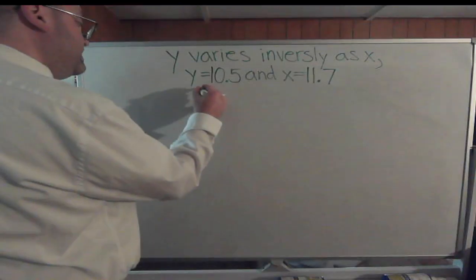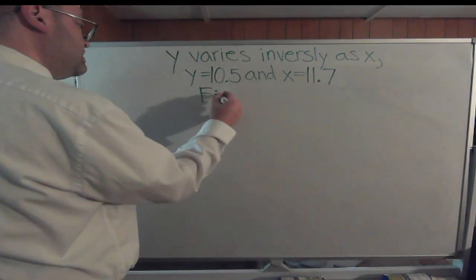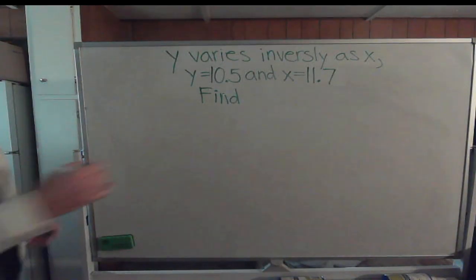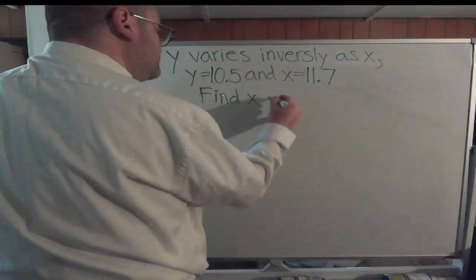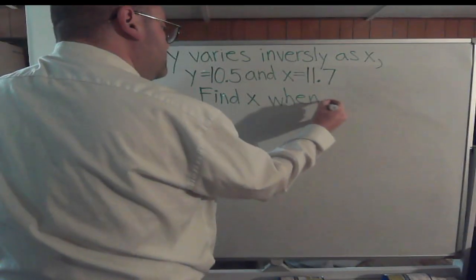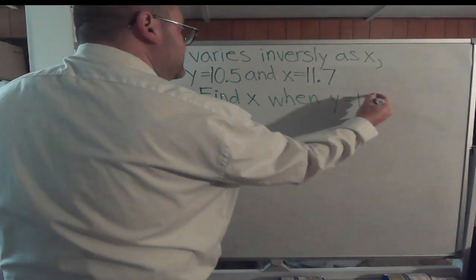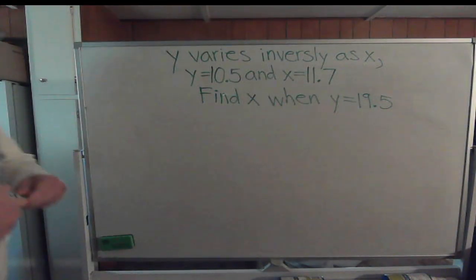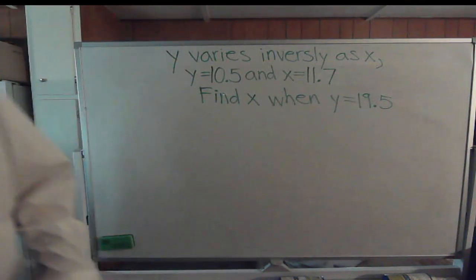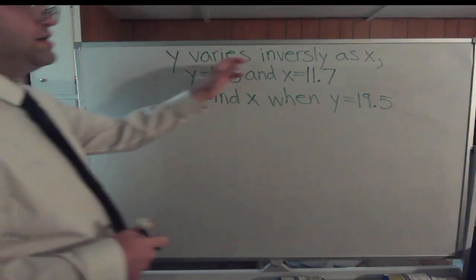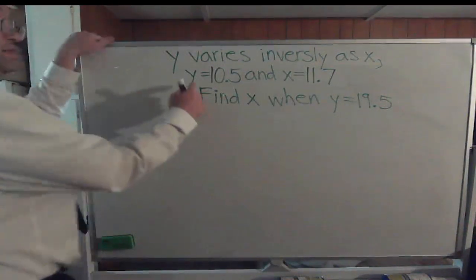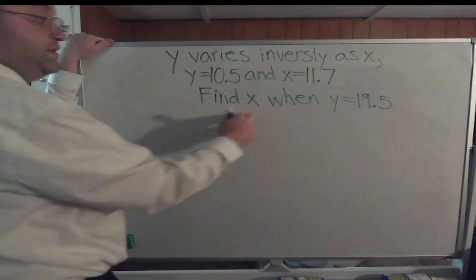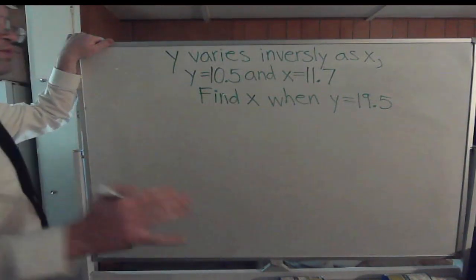Alright, find x when y equals 19.5. Alright, so we got this problem here. Y varies inversely as x. They give you y equals 10.5 and x equals 11.7. Find x when y equals 19.5.